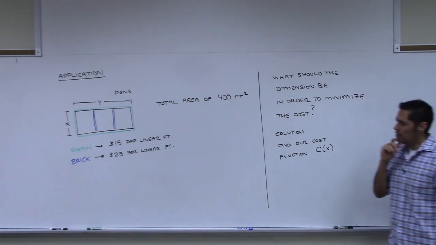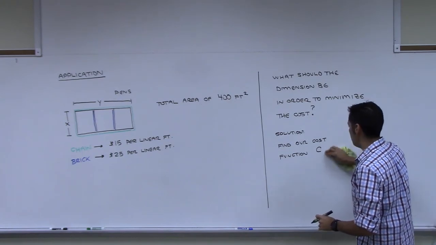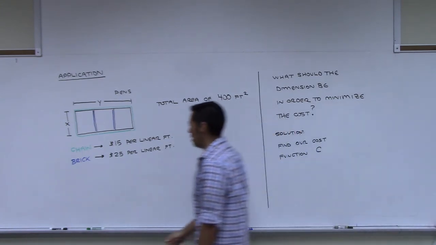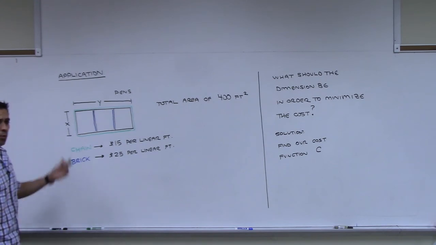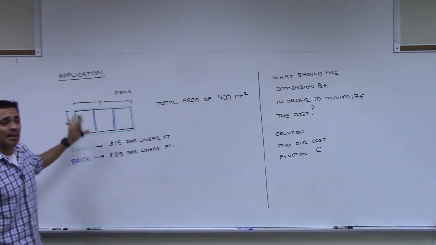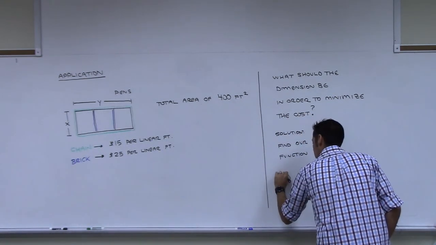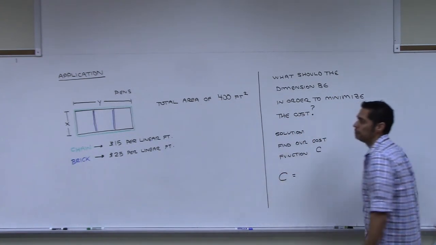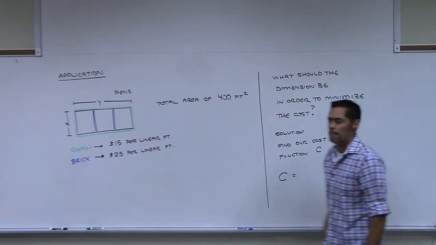So can you tell me right now, well, you know what, let's call it just C right now. Okay, let's not call it C of x, because I don't know if that function is going to depend on x or not yet. Let's just call it C. Can you tell me what the cost of this, if I built it like this, how much it's going to cost me? So what would C be equal to? See if you can figure this out.